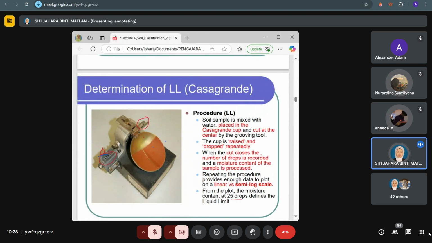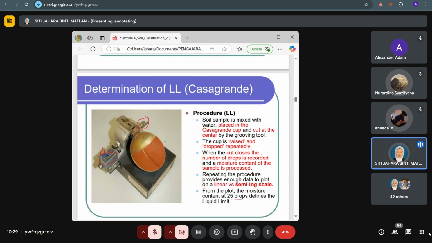So this process is repeated for different moisture contents, and the results are plotted on a semi-log graph, number of blows versus the moisture content. The moisture content corresponding to 25 blows is taken as the liquid limit of the soil.